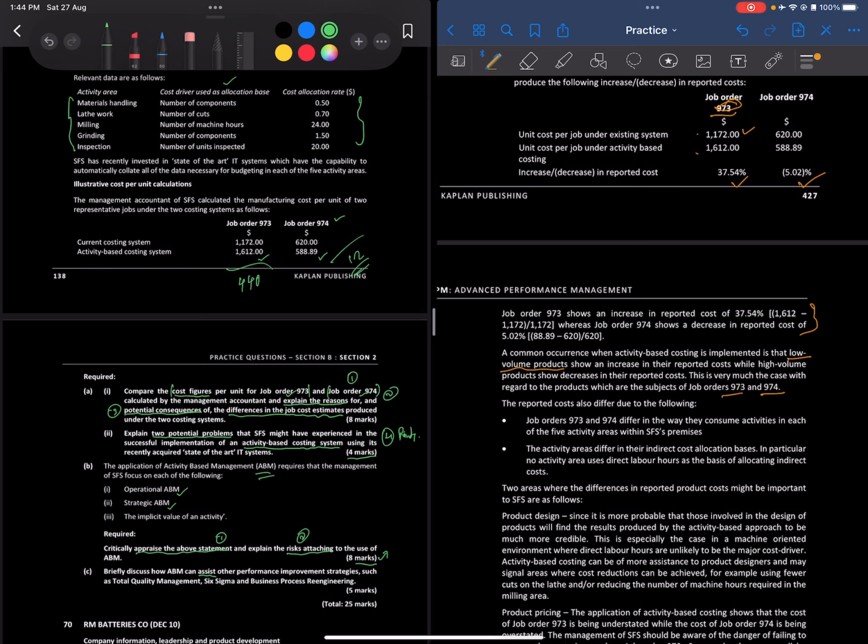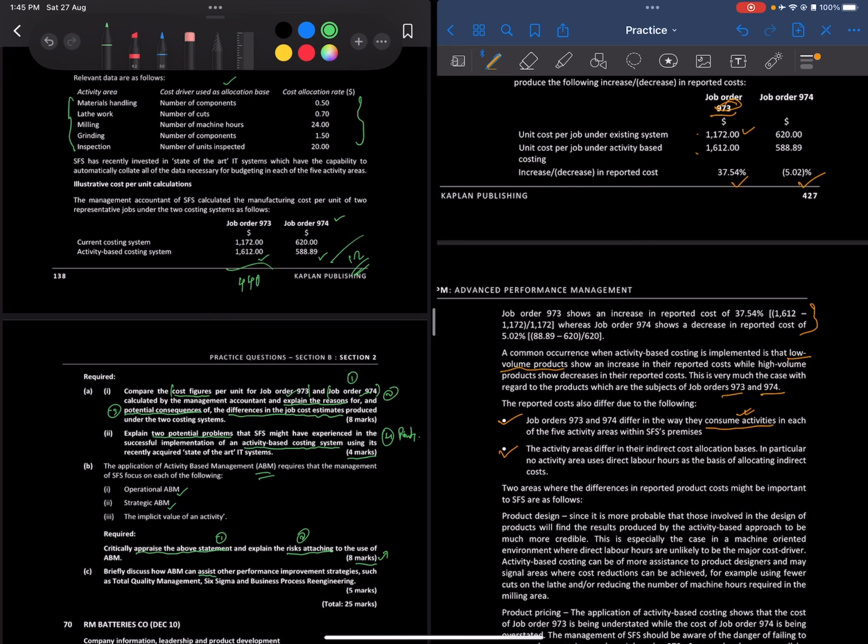Job orders 973 and 974 differ in the way they consume activities in each of the 5 activity areas within the SFS premises, right? So with activity based costing, they are allocating based on how many activities you utilize. That's one thing. And then the activities differ in indirect cost allocation basis. In particular, no activity area uses direct labor as a basis of allocating indirect cost, right?